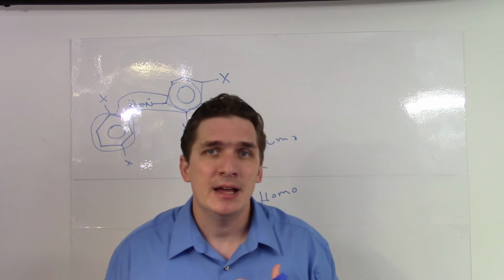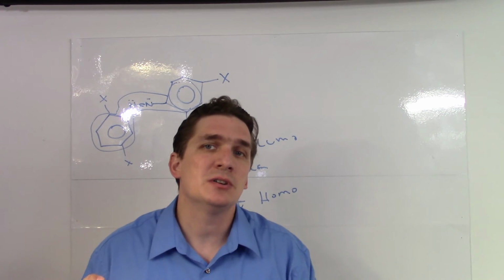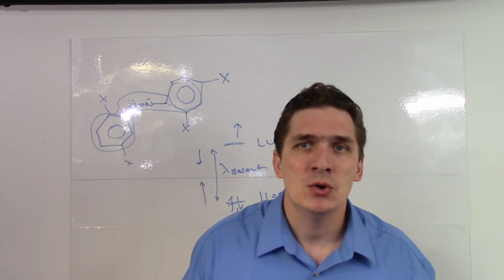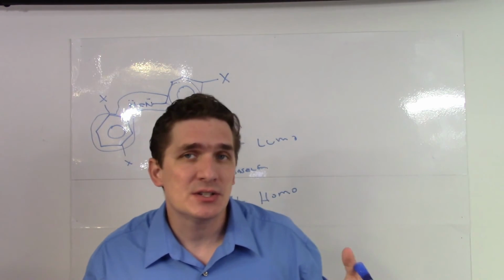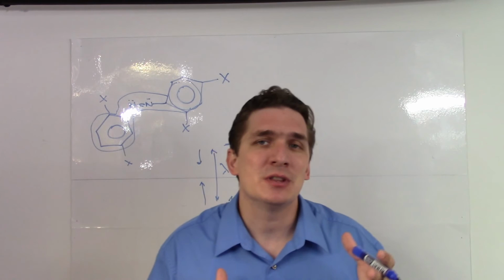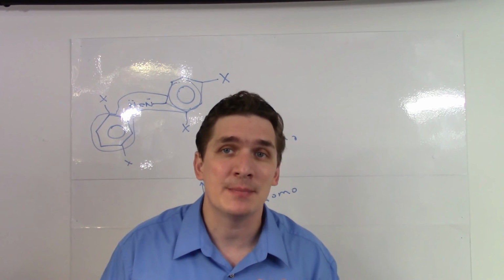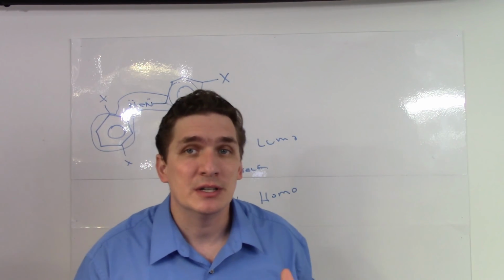Let's say we add two electron withdrawing groups and it's not enough, we add 3 and it's too much, well then we can also add electron donating groups back. So this is the power of azo dyes. We have our base dye, which is pretty easy to synthesize, and we can start functionalizing the benzene rings with electron donating and withdrawing groups to tune in that HOMO-LUMO gap and really start dialing in what color we want to get on the spectrum.